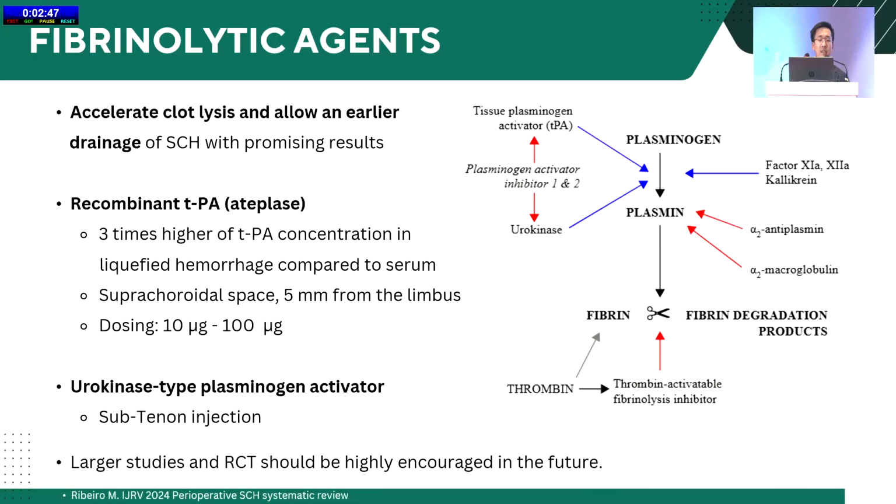The recent study on the RTPA, which is the recombinant tPA, and many others inject it into the suprachoroidal space around 5 millimeters from the limbus, and dosing can range from 10 micrograms to 100 micrograms, and there is the role of urokinase-type plasminogen activators in the subretinal injection. But these are only a few studies, so we need a larger study, an RCT, to prove the benefit of this fibrinolytic agent.